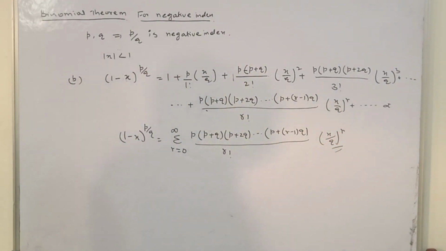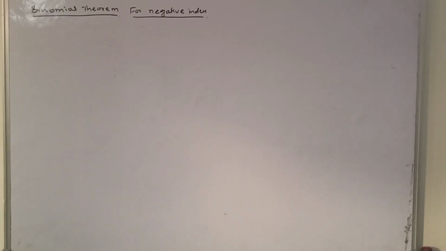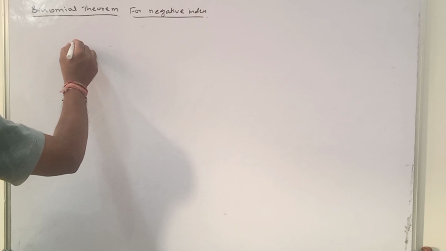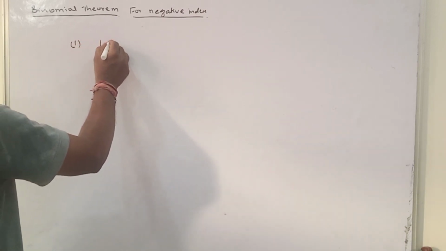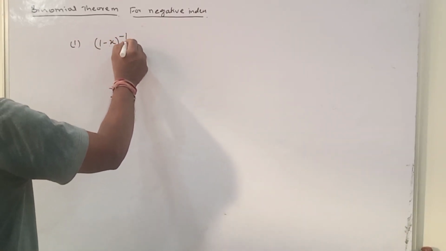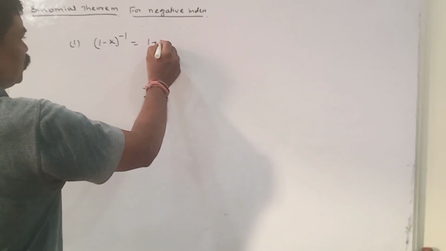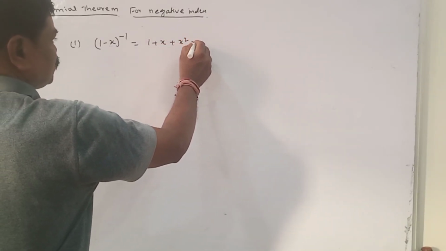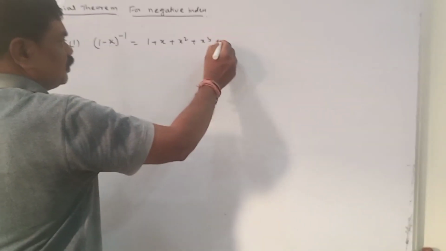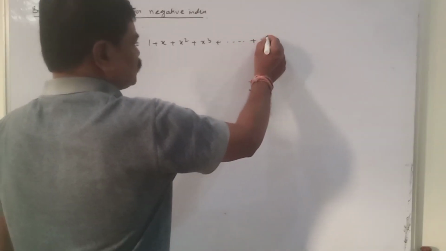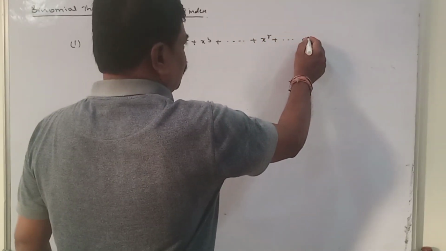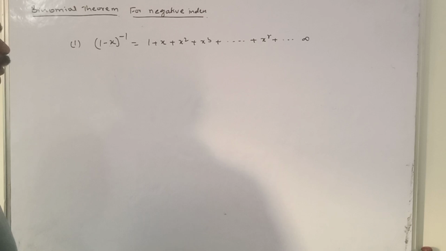This is one more result in the expansion of (1 minus x) whole power p by q. Here we have the summary of the results. The first one: (1 minus x) whole power minus 1 is equal to 1 plus x plus x square plus x cube plus so on plus x power r plus so on up to infinity.